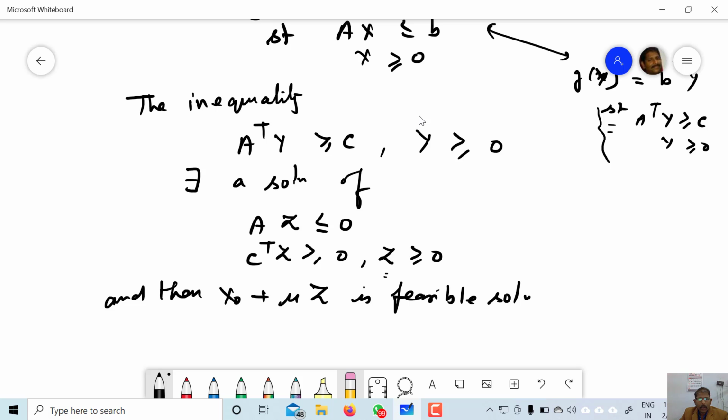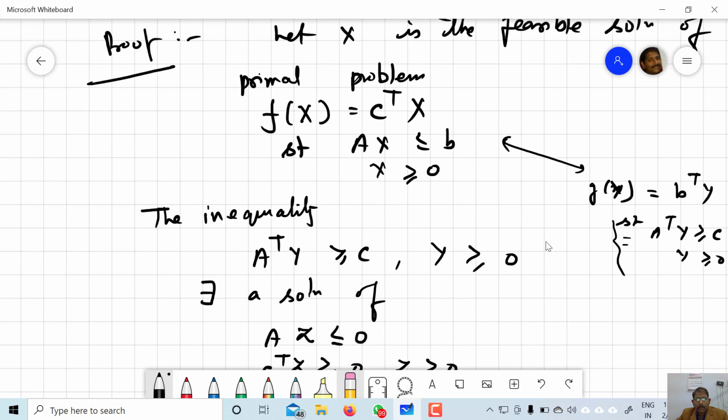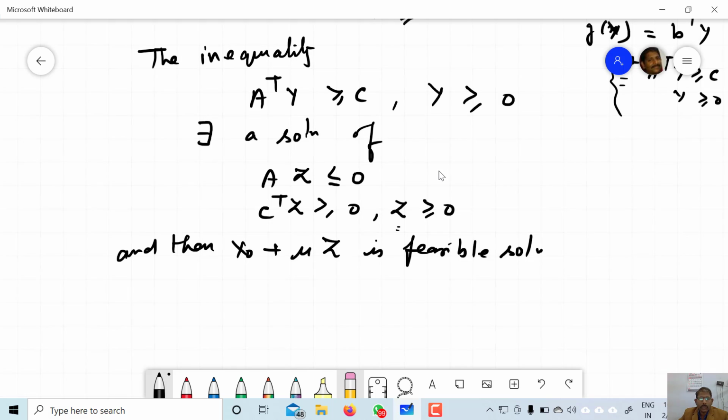Why? Because x0 is feasible from here. Okay, because here I have changed x0 into only x. So x plus mu z is a feasible solution.